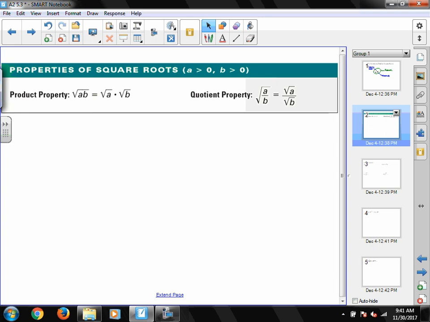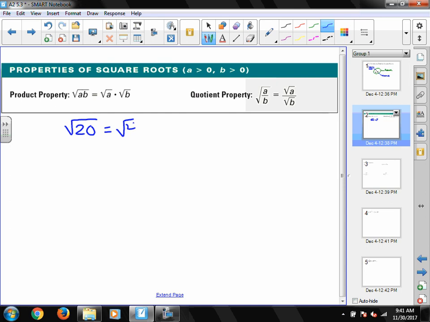A couple properties of square roots before we get going too quickly here. We've got the product property. So if I have the square root of AB, I can take the square root of A times the square root of B. Meaning, if I look at the square root of 20, I can break that down to two numbers that multiply to 20, square root of 4 times the square root of 5.